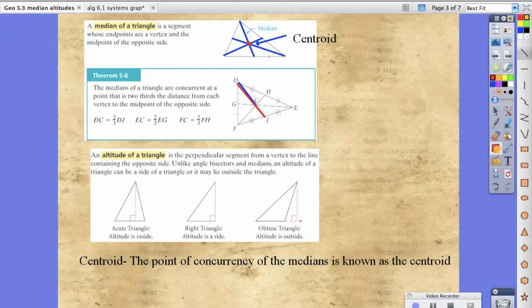So what we're looking at here is the line segment for the median. We're looking at the line segment from the vertex to that point of concurrency, or to the centroid.